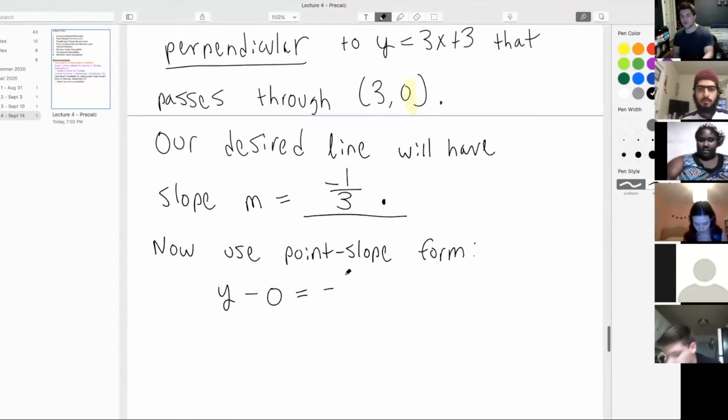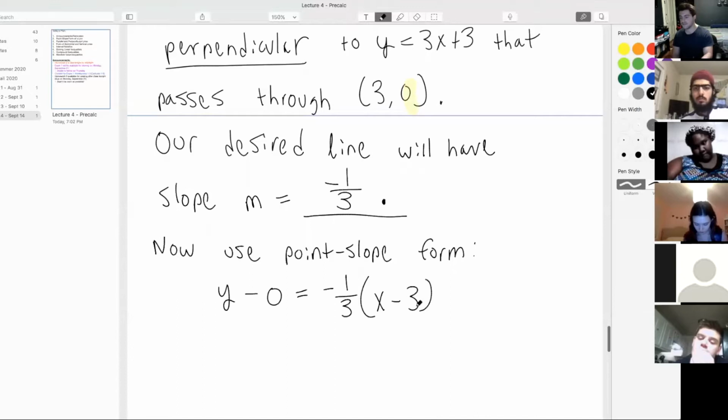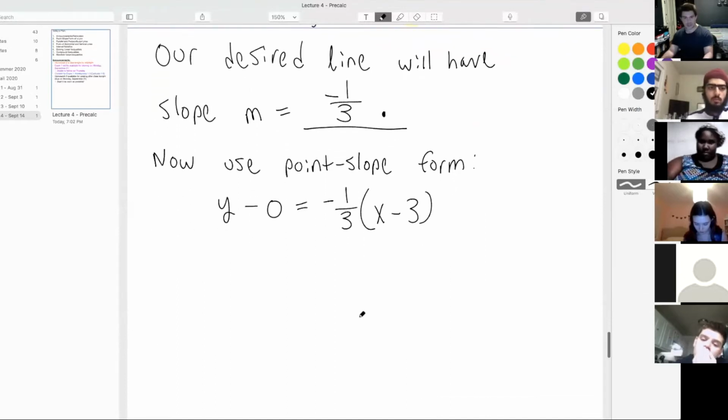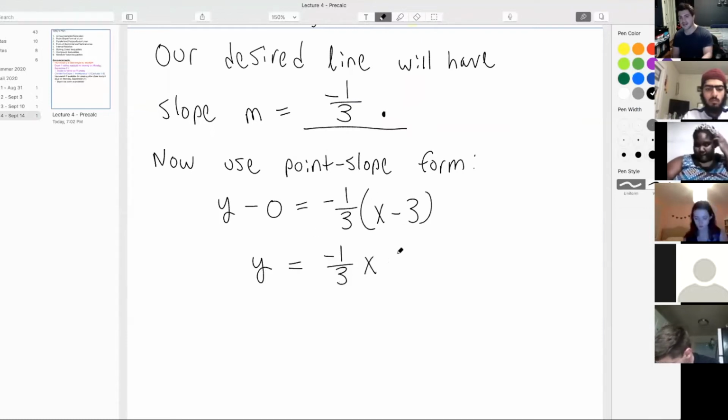Then you put the slope in, that's m. Open up your parentheses, and you do x minus the x coordinate, and that's 3. There's actually not much to do here. The left side is just y, since subtracting 0 doesn't do anything. And on the right side, you can just distribute the -1/3 in, and you'll get -1/3 x plus 1.